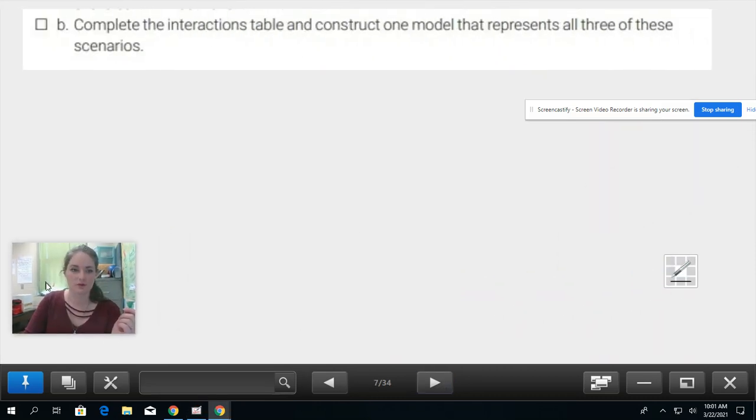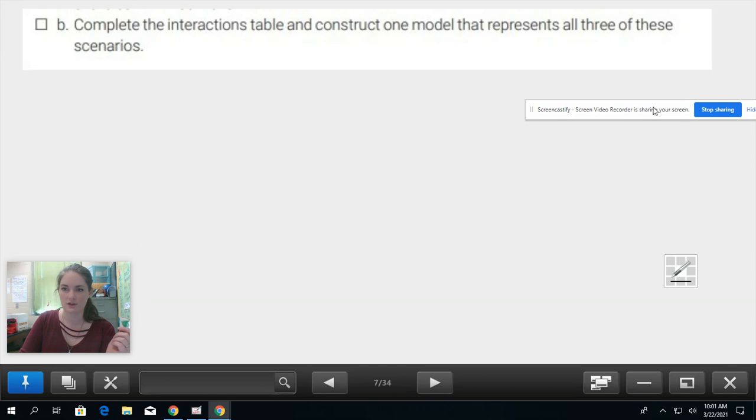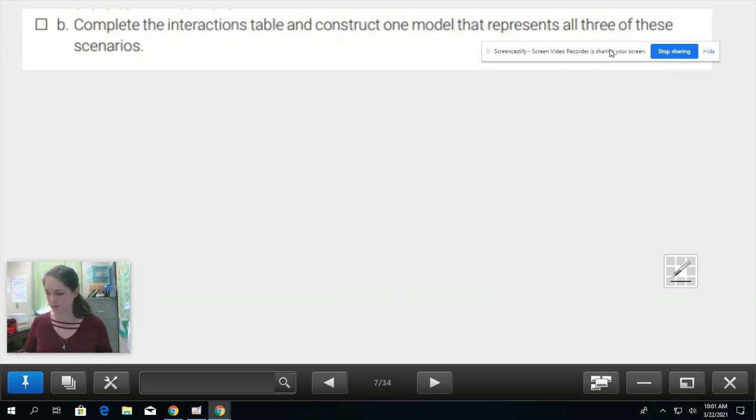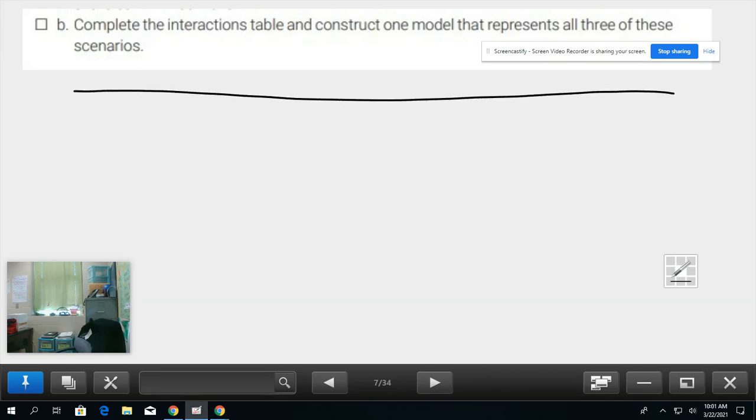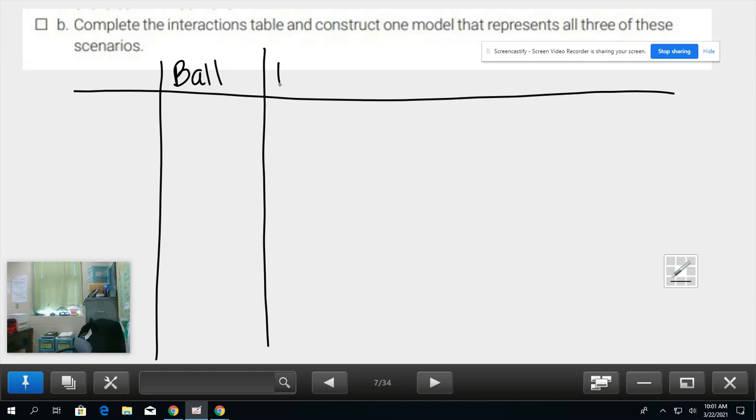Okay, so the first thing we need to do is create our table. We know that the objects in our table, or the components of this, is a ball. There are two different people, so I'm going to say hand 1 and hand 2.